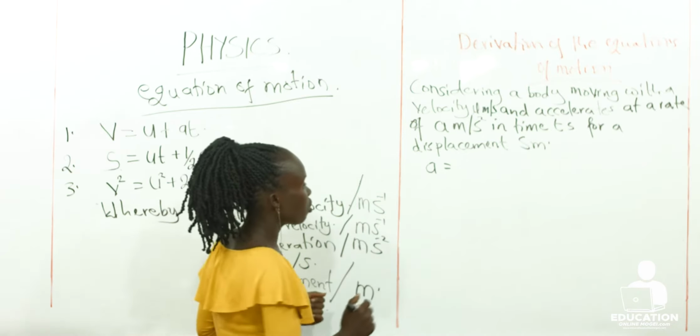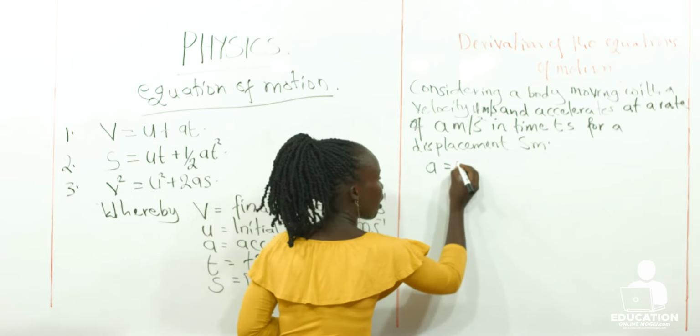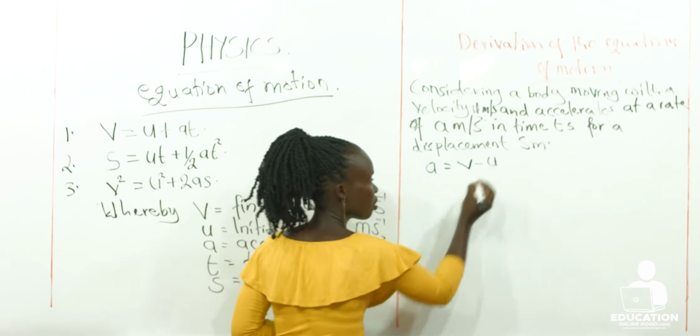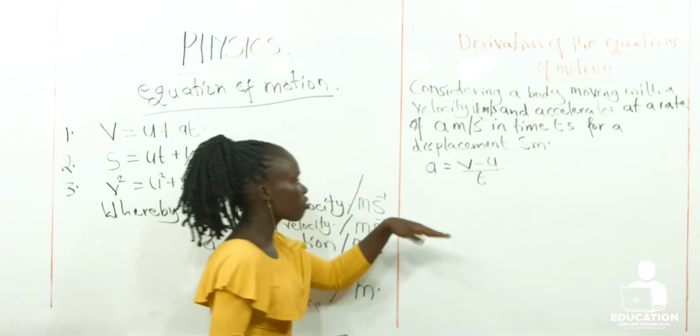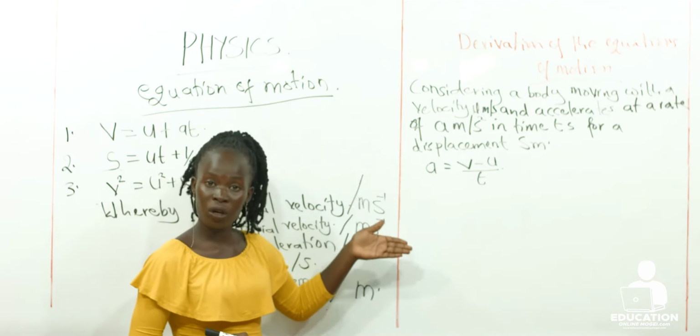So we shall have a is equal to what? v, which is the final velocity, minus our u, the initial velocity, over t. This is how you summarize the definition of acceleration in mathematical form.